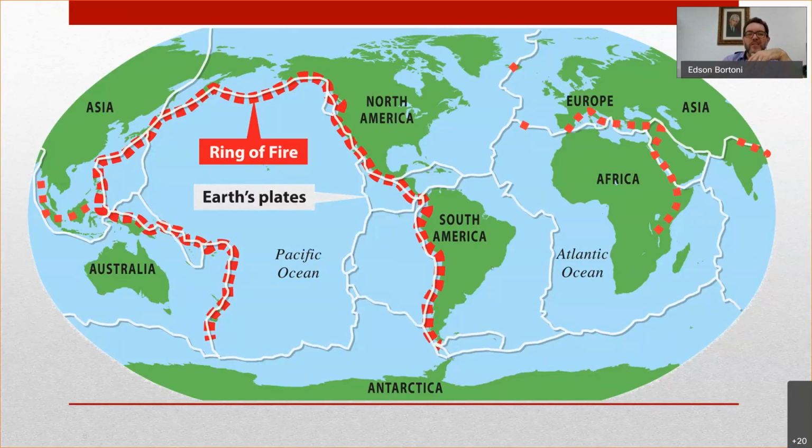We don't have that here in Brazil. Maybe in this part of Africa you don't have it either, but there is a part of Africa that has tectonic plates, and heat can be obtained from this ring of fire.